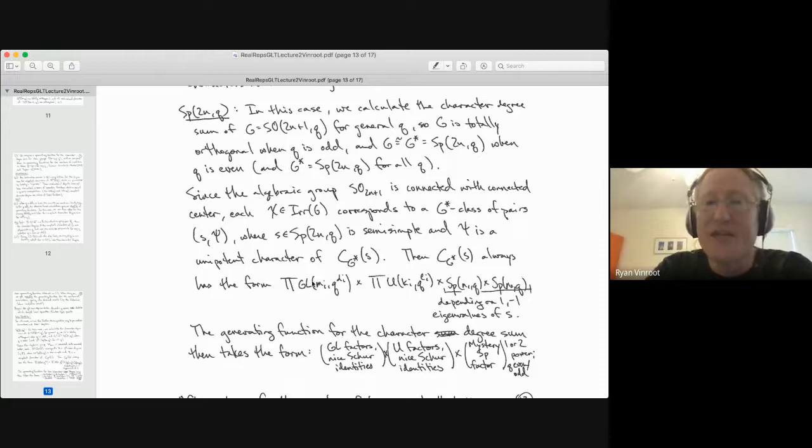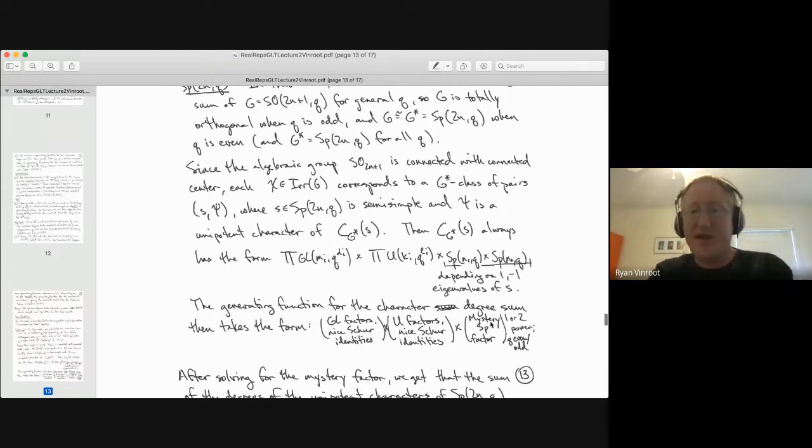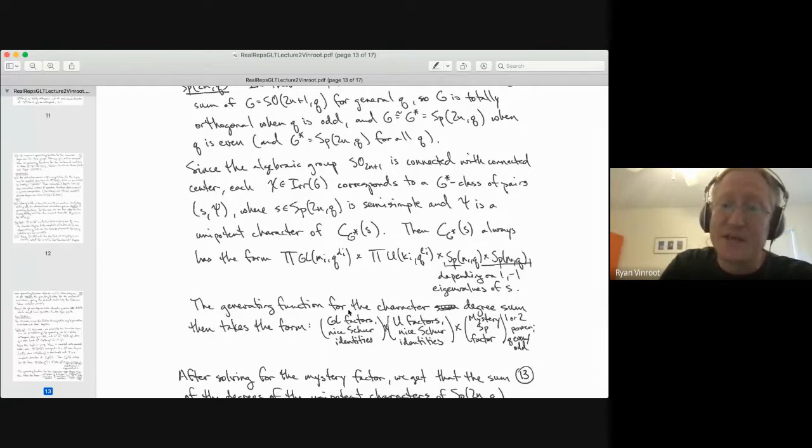So the resulting things that we get for the character degree sum are completely manipulatable for the GL and U factors. But these symplectic factors, this is where we have a mystery factor. So when we write down the generating function, we get something not too different than what we saw last time, except we have these nice Schur function identities for GL factors and U factors.